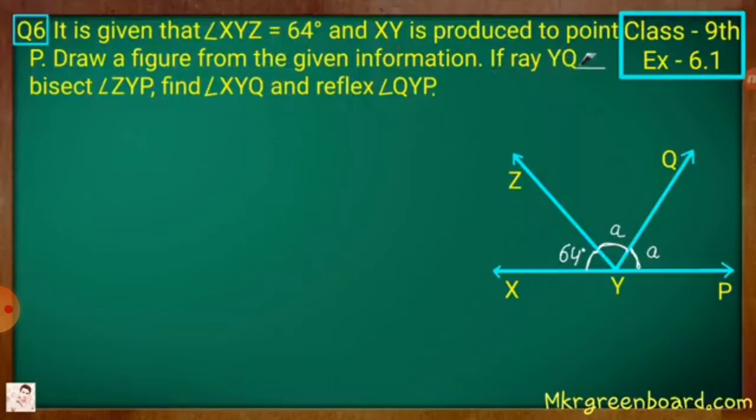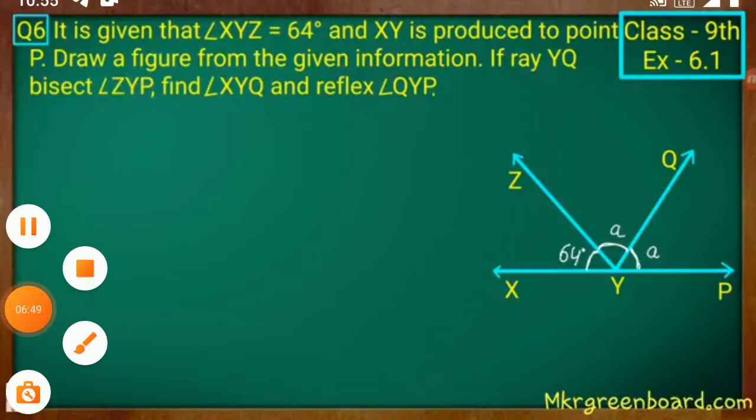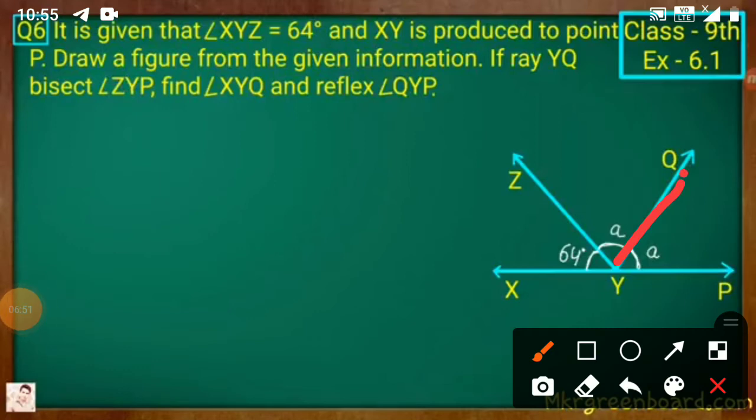If ray YQ, here YQ is a ray, bisects angle ZYP, find XYQ and reflex QYP. First of all we need to draw the diagram about the information. XYZ equals 64 is given. XY is produced to point P. Like that we have to draw. Next we continue the solution.